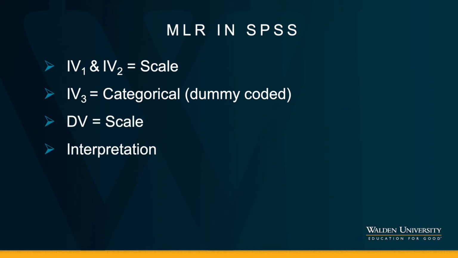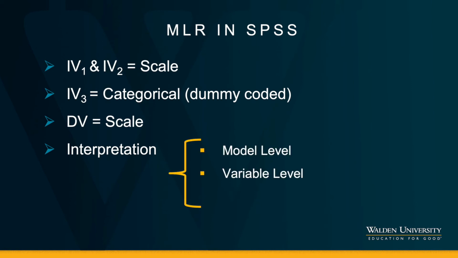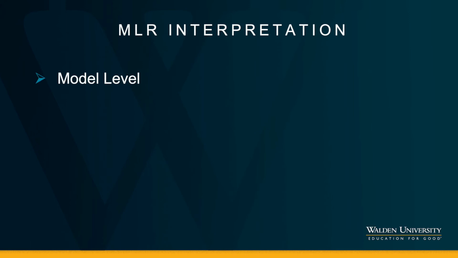And we're going to follow our usual interpretation. We're going to look at model level first, followed by variable level, and of course then we will engage with the diagnostic statistics. With a bit more detail at model level, we are not going to look at the correlations this time because we are evaluating the multicollinearity anyway in the model diagnostic, and that trumps that method of the correlations.